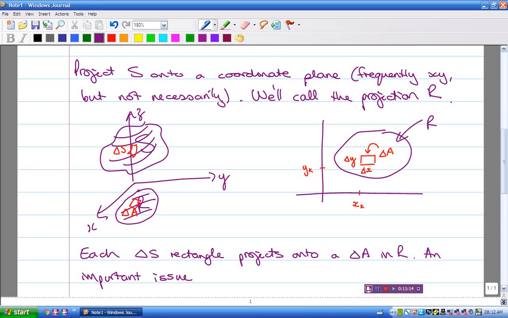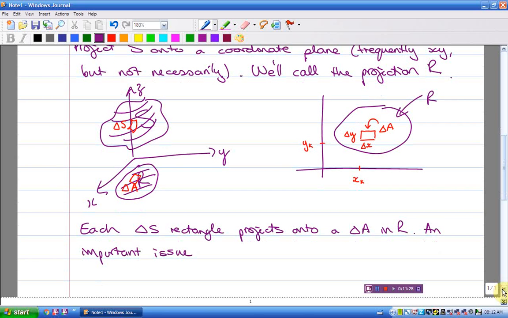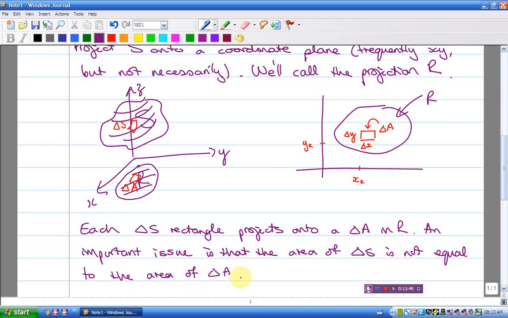If my book was casting a shadow on the ground, and my book is tilted, the shadow of the book will not be the same area as my actual book, but they will be related. And that's very important. My delta S and my delta A are not equal, but they are related to one another. An important issue is that the area of delta S, which is what we're really interested in, is not equal to the area of delta A. But these areas are definitely related.